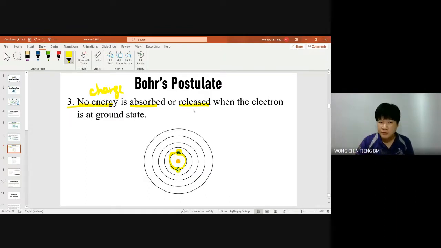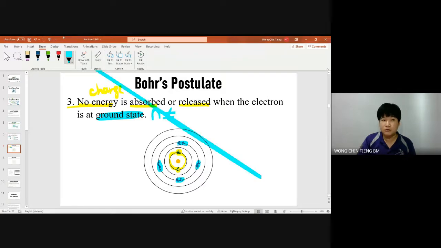When I say remain in the same energy level, guys, I had n equals to 3 just now. Remember, we talked about n equals to 3. So we agree all the electrons in n equals to 3 have the same amount of energy. And look at the word ground state. One thing that I want to teach you or remind you: ground state n is not necessarily equal to 1.